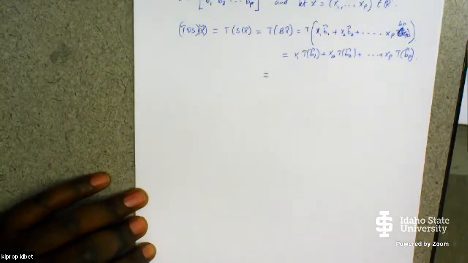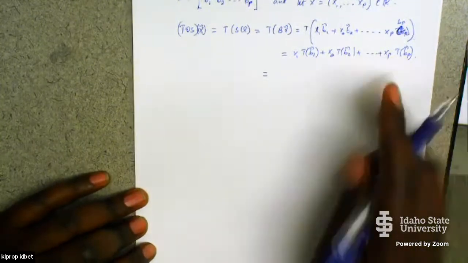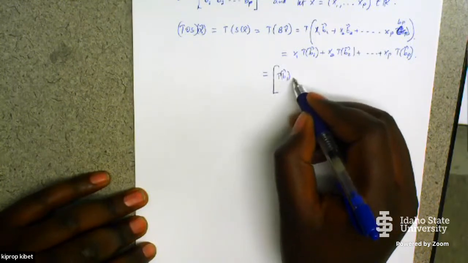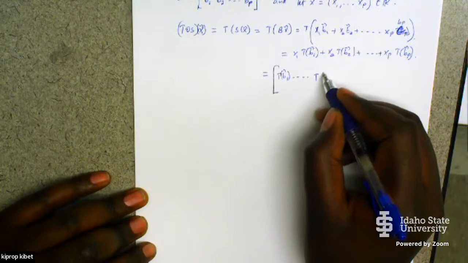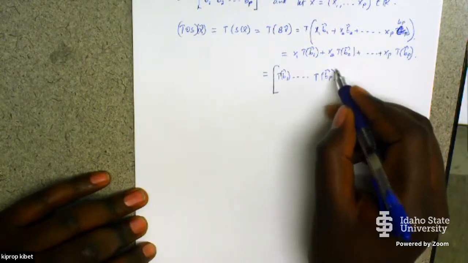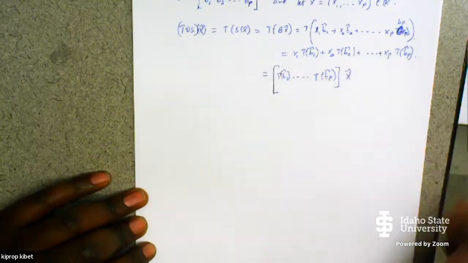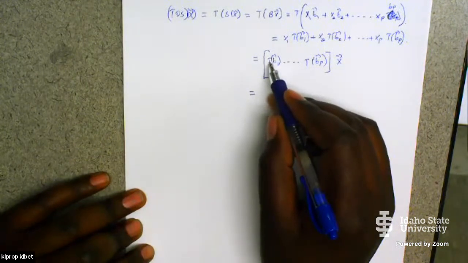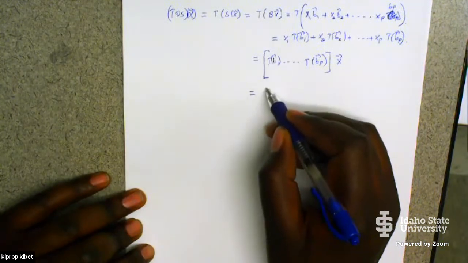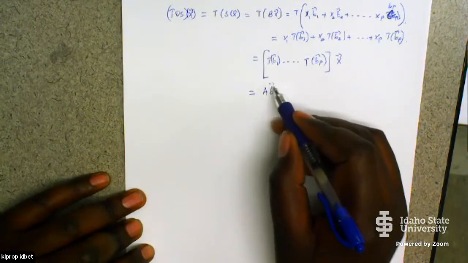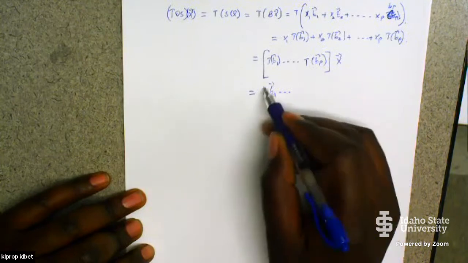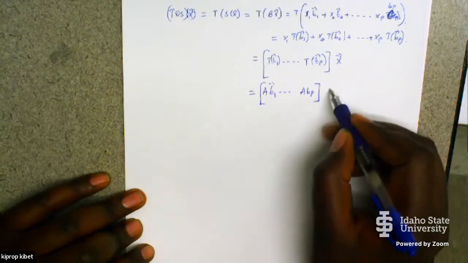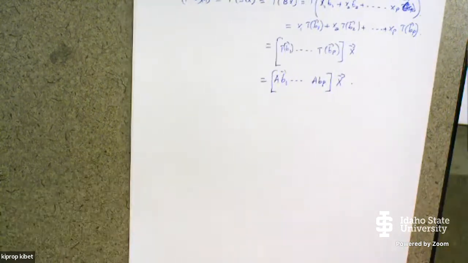And if we put this in matrix form, then it is the matrix with columns T of B1, and you continue like that, T of Bp, multiplied by x. Since T is the same as A, it is the matrix with columns AB1 all the way to ABp, multiplied by x.